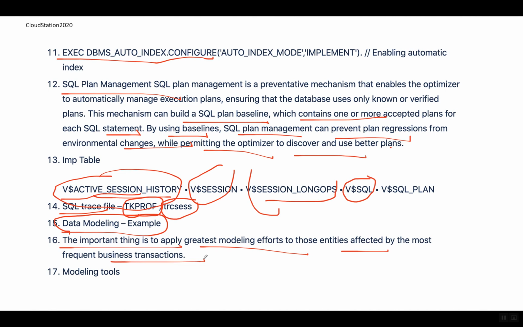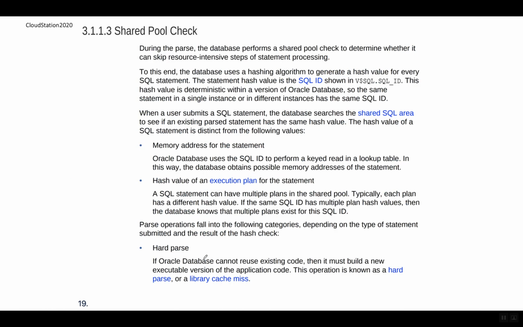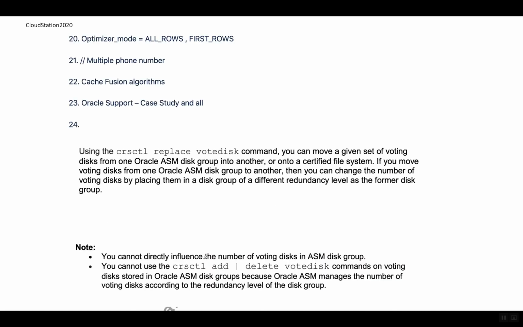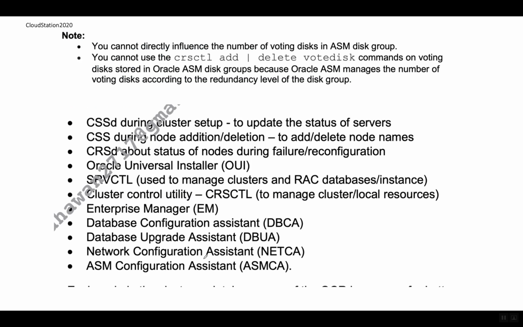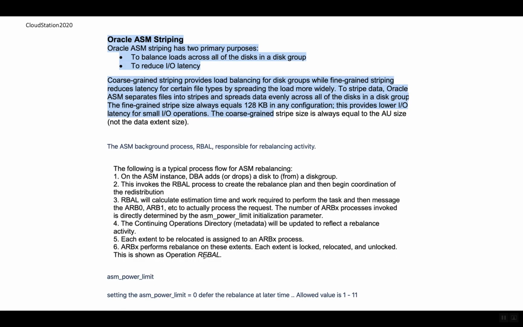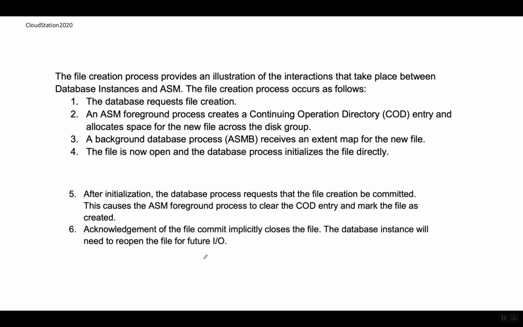So I have about 35 slides covering the shared pool check and how it happens, what the optimizer modes are, and what the cache fusion algorithm is, Oracle support, the crsctl command, and some of these utilities. And this is about the Oracle Cluster Registry. Then what is ASM striping?